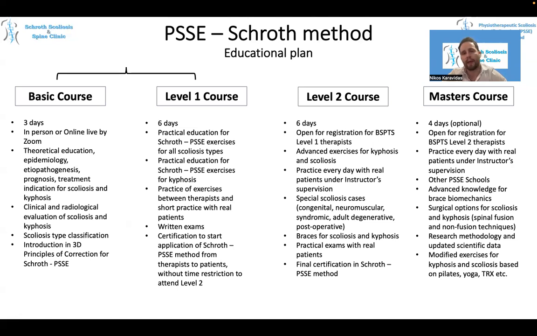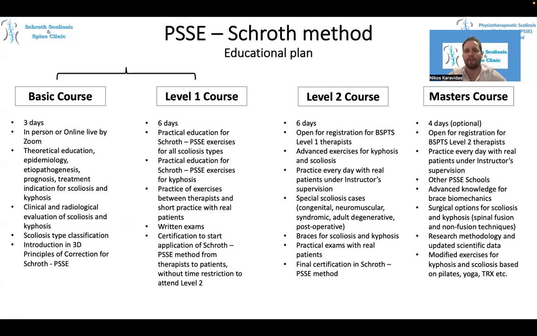And then we have the level 2 course, which is again 6 days. This level 2 course will be open for registration to therapists that have already completed BSPTS level 1. But of course, when they enter the level 2 course, they will need to have an explanation of the many differences between these two approaches, but they can have a good basis to start.